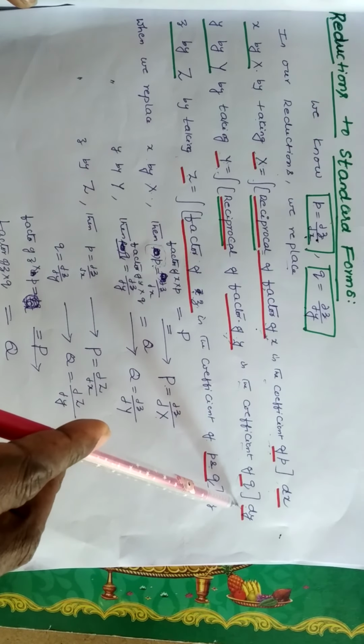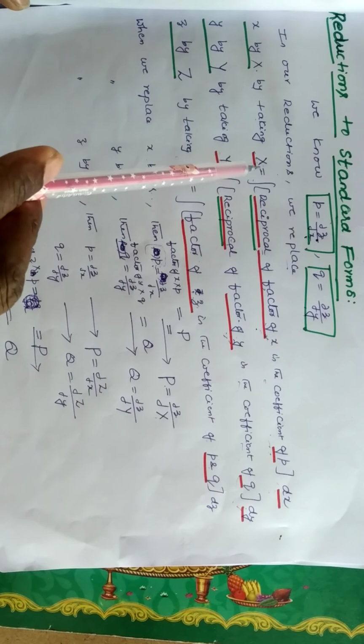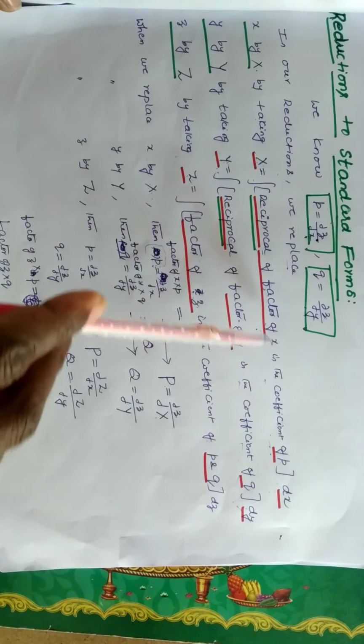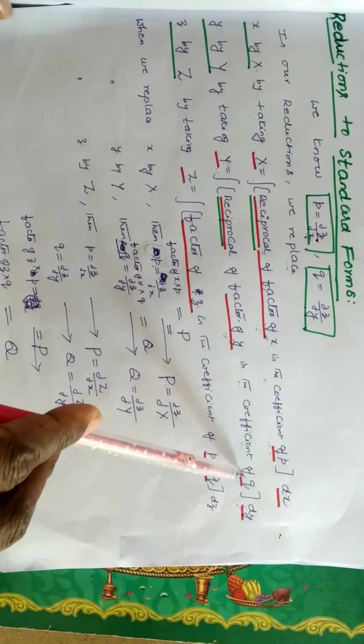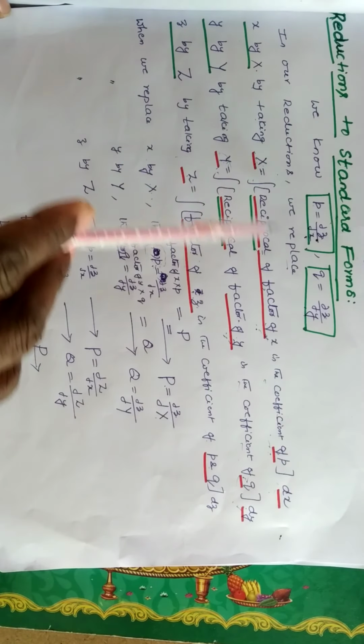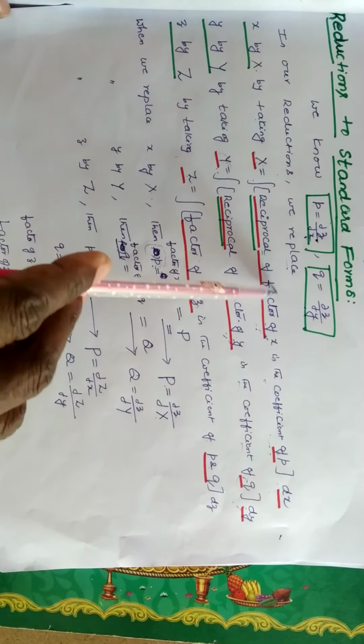Here, in case of capital X, we consider the x factor from the quotient of p. In case of capital Y, we consider the y factor from the quotient of q. In case of X, we integrate the integrand with respect to small x. In case of capital Y, we integrate the integrand with respect to small y.